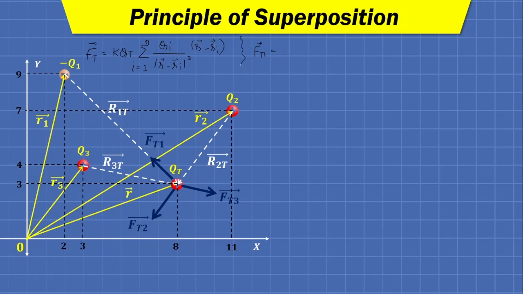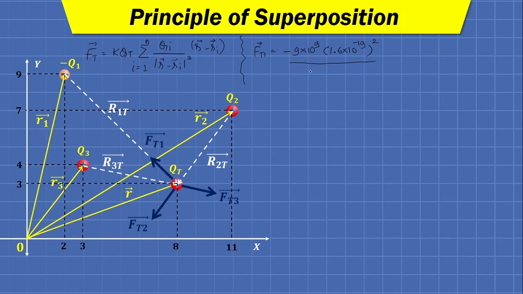Fine, so for Ft1 bar we will have the value of K, which is 9 into 10 raised to 9. The first charge is negative, so here a minus sign will be there, 1.6 into 10 raised to minus 19. The second charge is positive, so the sign will not change, but the amount of charge here on Qt is also 1.6 into 10 raised to minus 19, so we will just simply put the square over here, divided by the distance between Q1 and Qt.